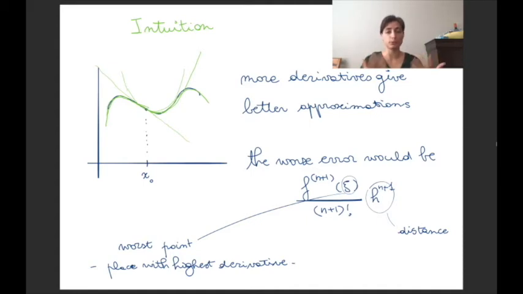So the more derivatives we have, the better approximation we're building up. The worst error is of the shape that we have seen, where xi ends up being the worst point, that is the place with the highest n plus 1th derivative in the interval. And that depends on the distance itself. So the further away we are, the worse this coefficient h to the n plus 1 is. But if we're very close to x0, that coefficient is pretty much 0, and at the power n plus 1 is even smaller.